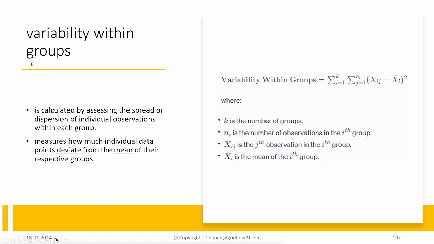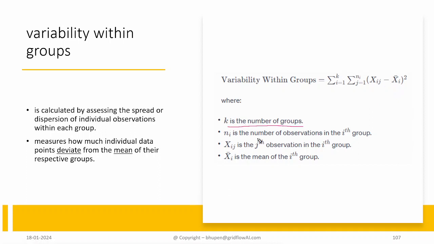So how do we compute this? It is calculated by assessing the variance. This is pretty much the same. If you look at the formula here, this is for a group or individual value, and this is the mean of that particular group.